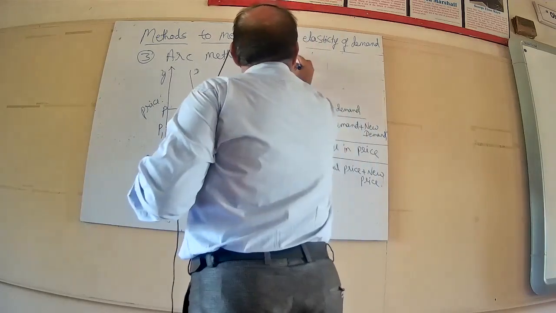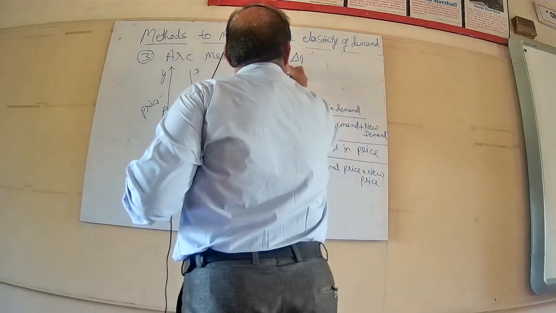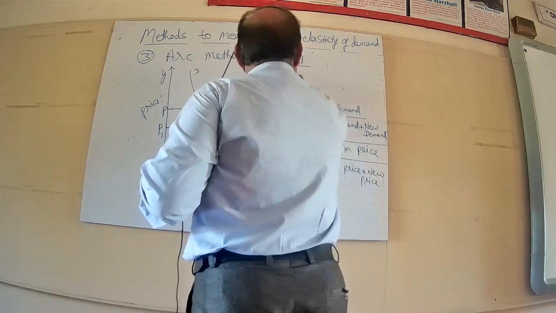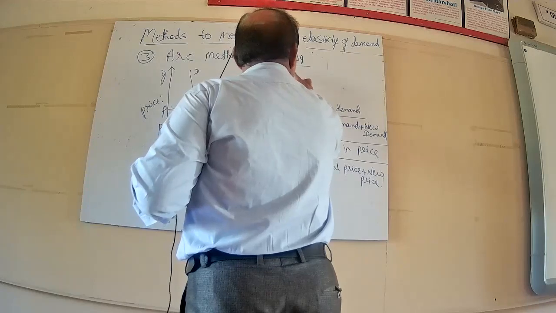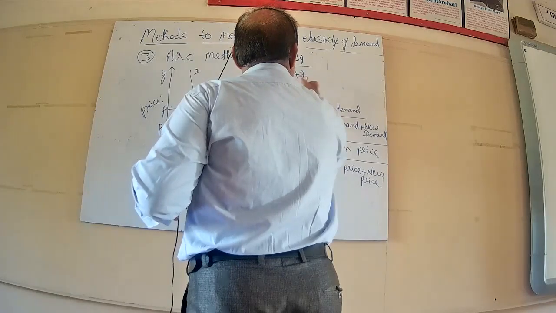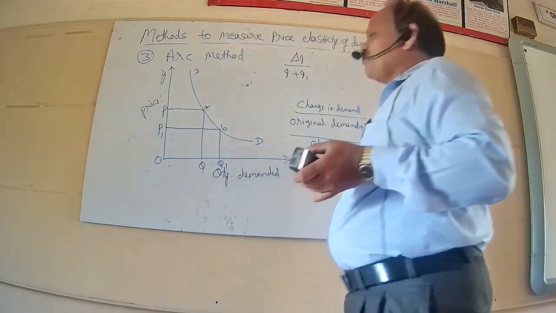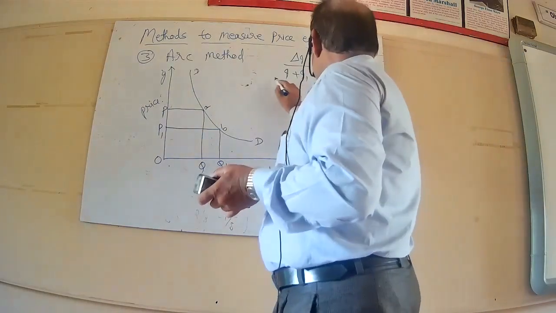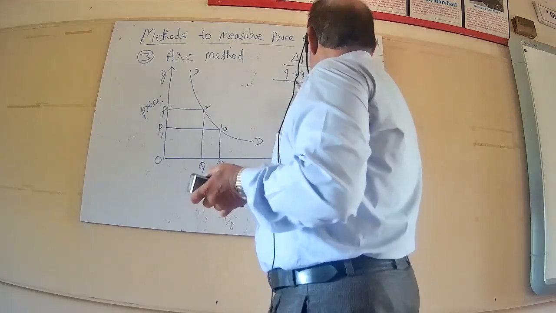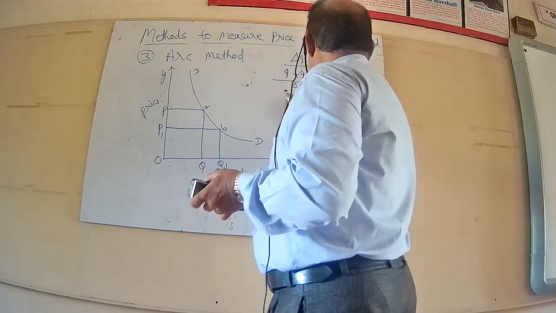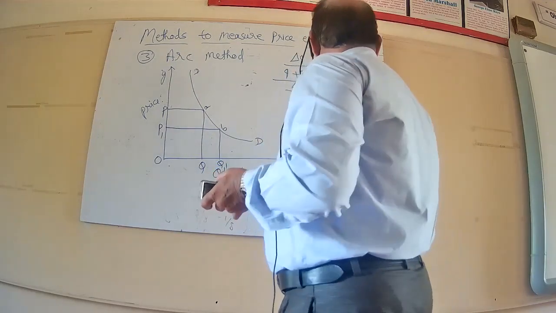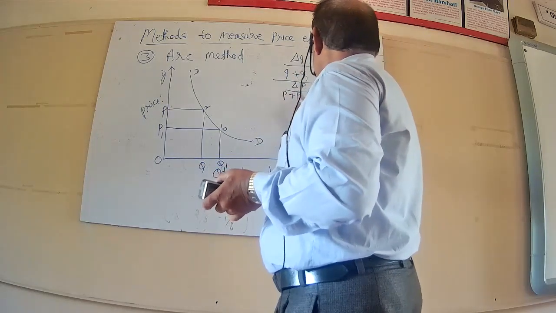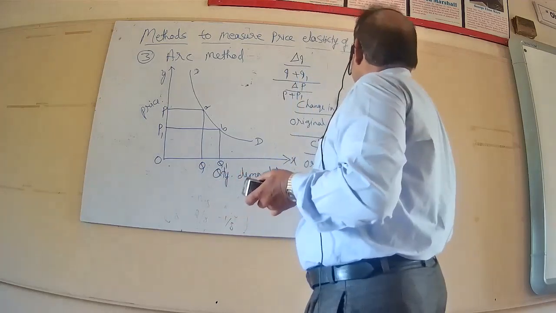So change in demand means delta Q divided by original quantity demand, it is just Q, new quantity Q1, delta Q upon Q plus Q1. Okay, this whole is divided by change in price, delta P divided by original price, P plus P1, new price after change.